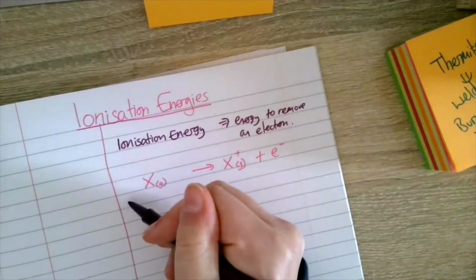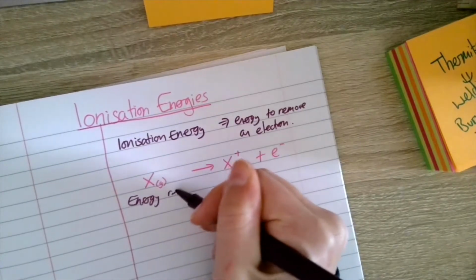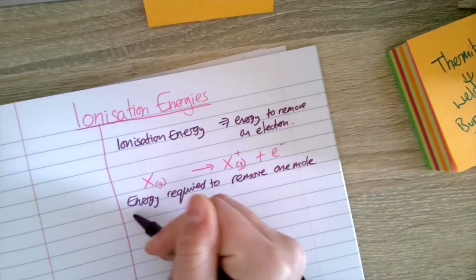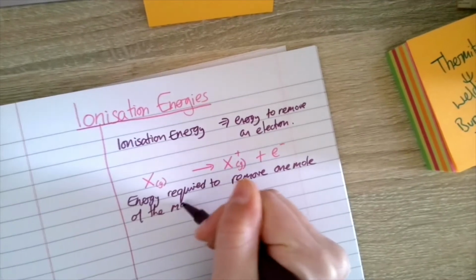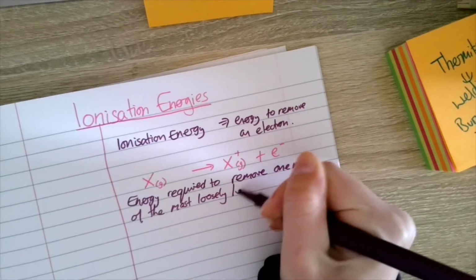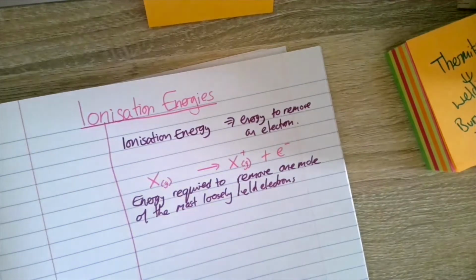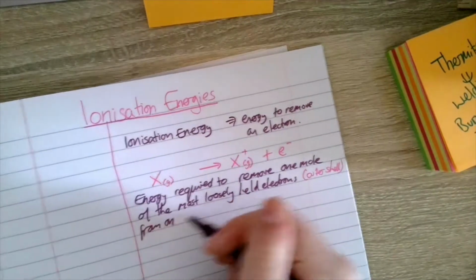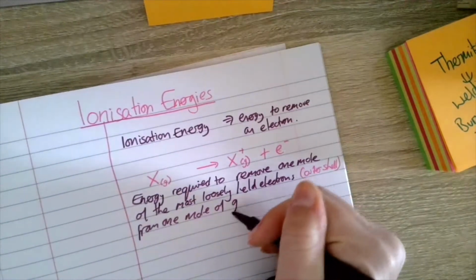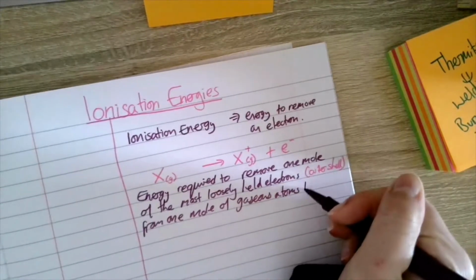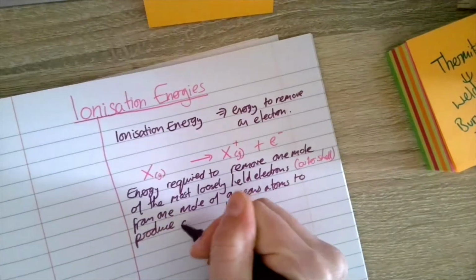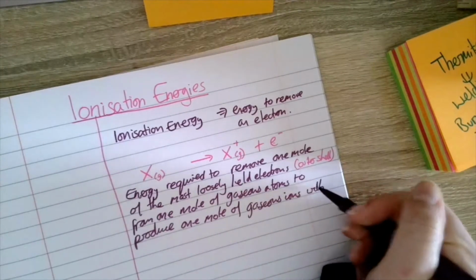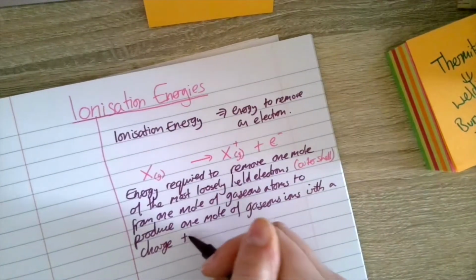Our definition here is that it's the energy required to remove 1 mole of the most loosely held electrons, i.e. outer shell, from 1 mole of gaseous atoms to produce 1 mole of gaseous ions with a charge of +1.